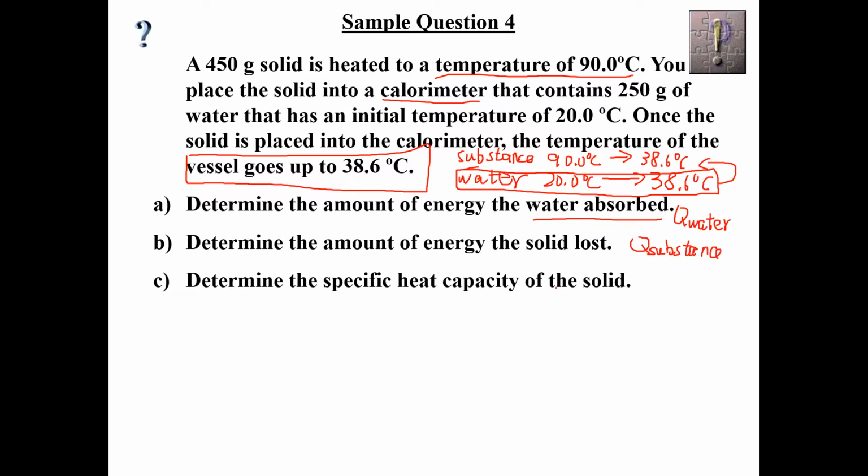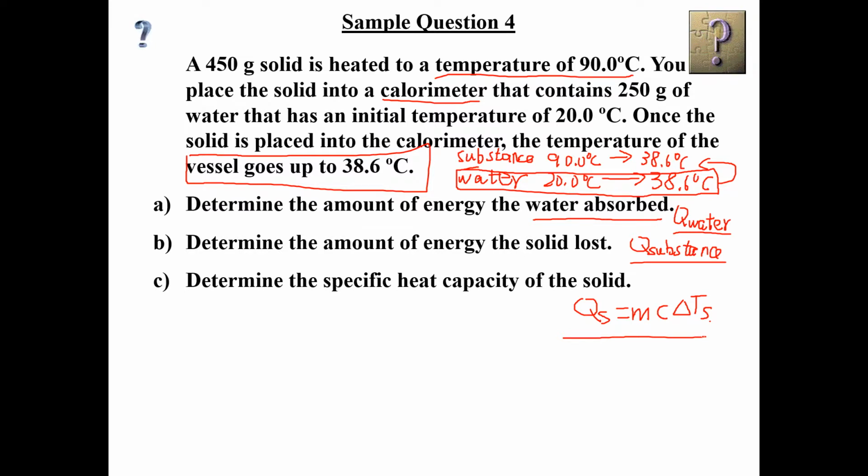Now, if you know the Q and the temperature change, you can calculate C using Q substance is equal to mass of the substance times specific heat capacity times change in temperature of the substance. So Q water, you know how to calculate. Q substance, how calorimeter works. And finally, the amount of energy combined with the information, you calculate the specific heat capacity of the solid.